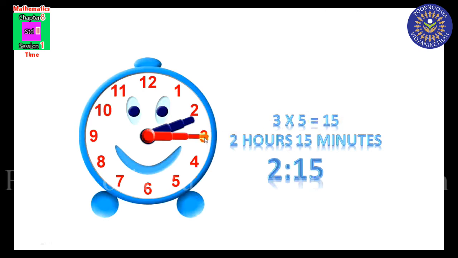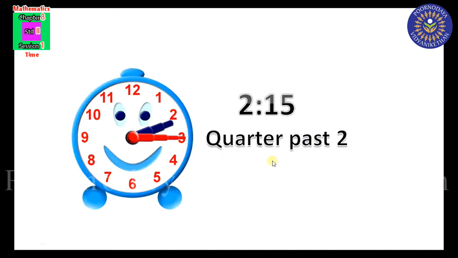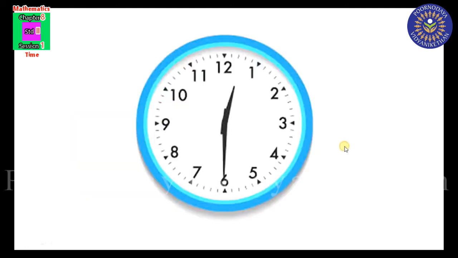So, how can we read the time? 2 hours 15 minutes, because the hour hand is at 2. Also we can say 2:15. Also we can say quarter past 2. 2:15 means quarter past 2. Clear? Quarter past 2.